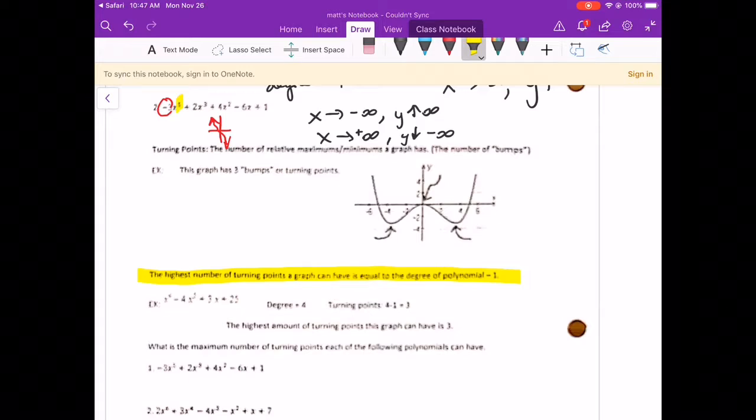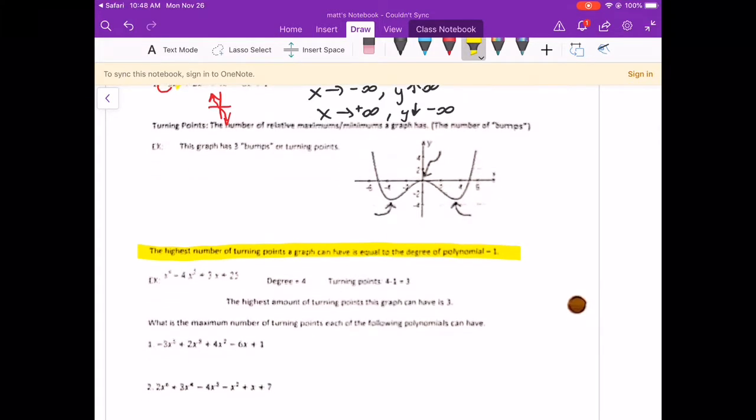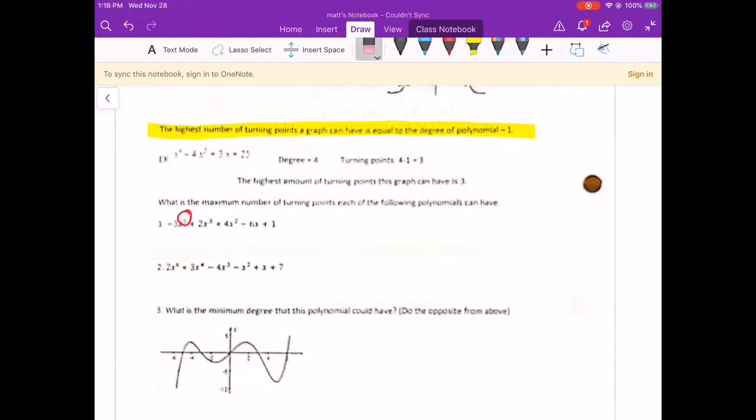All right, so let's do a couple of examples here. The degree of this first example is 4. So 4 minus 1 is 3, which means the maximum number of turning points that this could have is the degree minus 1. So this degree here is 5. That's the highest exponent. If I subtract 1 from it, then I get 4.